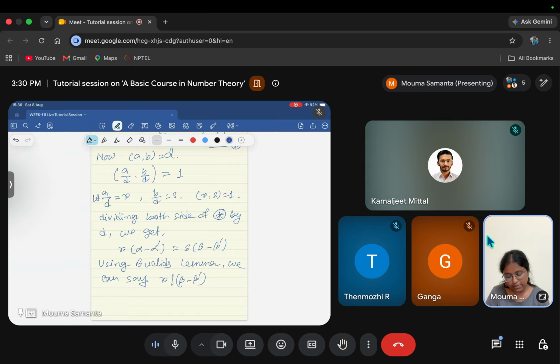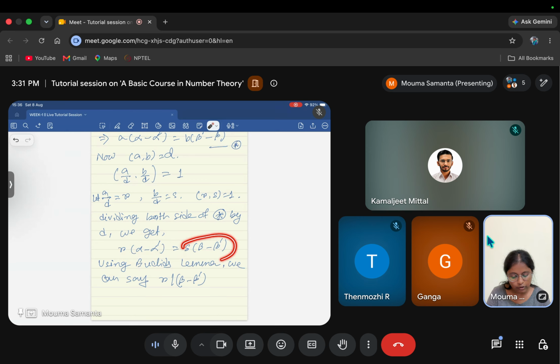So R times this equals to S times beta minus beta prime, and GCD of R and S is 1. So R times this equals to this, that means R is dividing this whole term. So let me write first, then I hope you will understand.